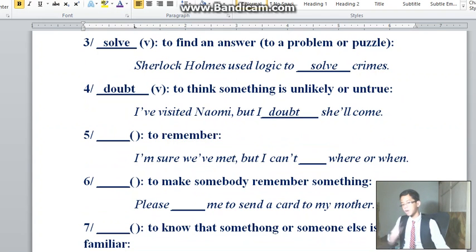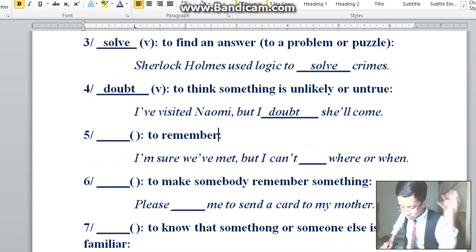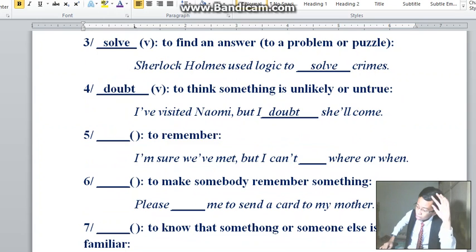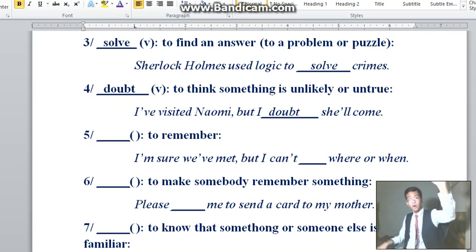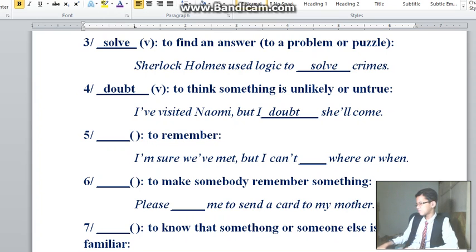Okay, number 5, to remember. So about Dr. Corkin. Dr. Corkin thought that at the last paragraph of Henry's story, they went to the Massachusetts Institute of Technology. Dr. Corkin asked Mr. Henry, "Do you remember where they were going?"